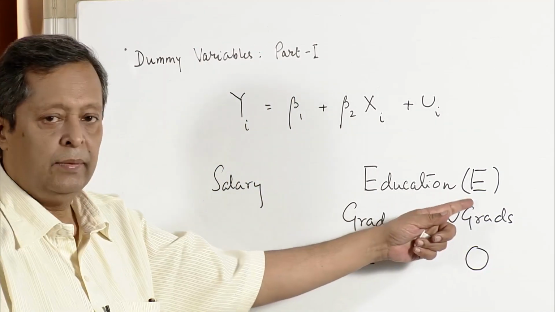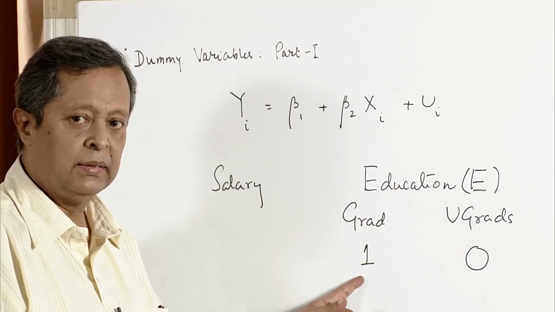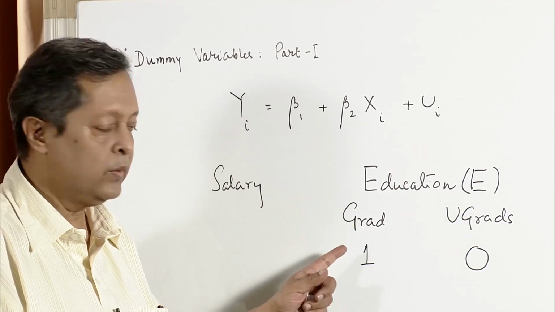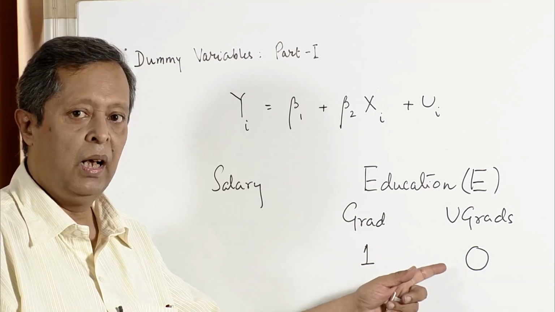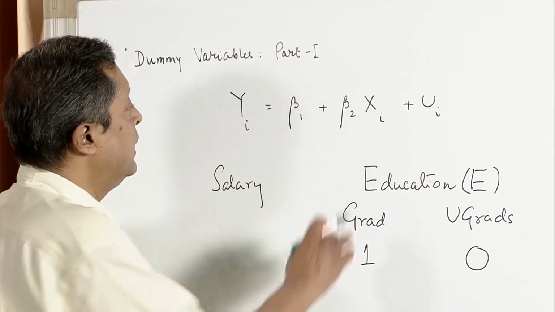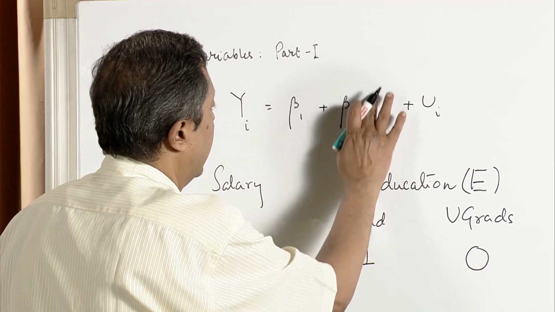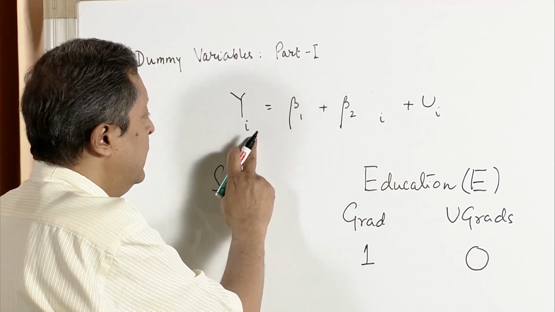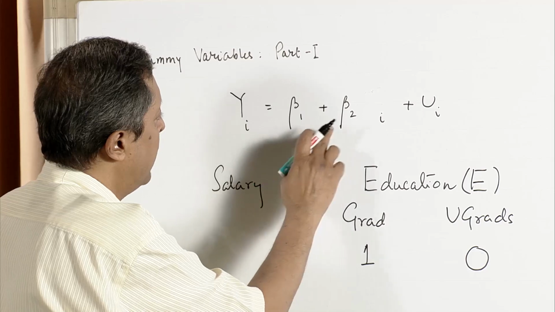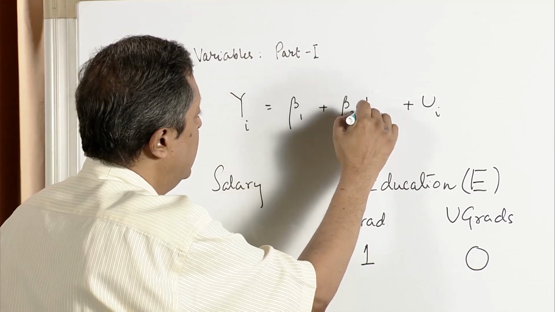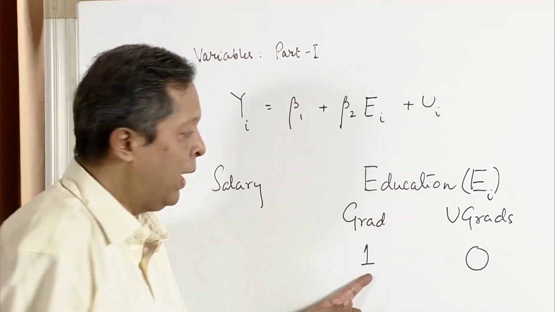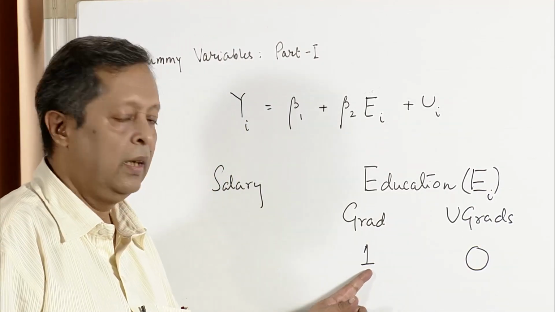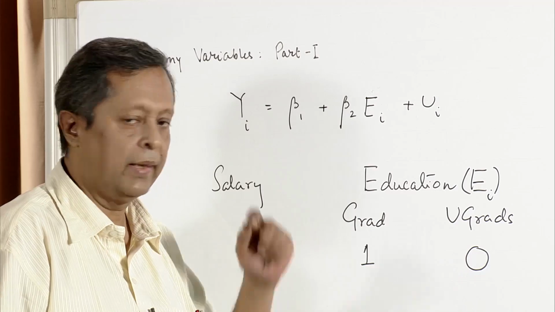Accordingly, we write our regression model as y_i is equal to beta 1 plus beta 2 E_i, where E_i will be 1 for graduates and 0 for undergraduates.